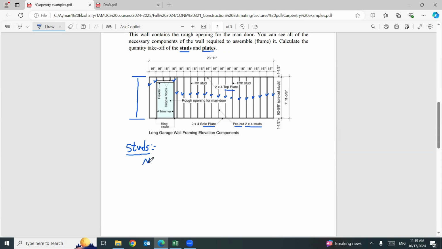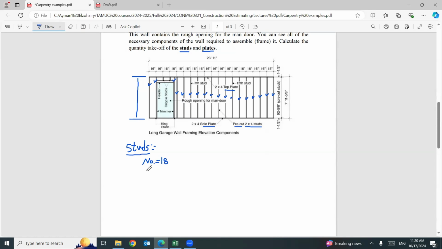So the number of studs looks like 18. We have a little bit here, this part and this part. You can consider them separately, but they are not a big deal. Maybe we can use the waste. After you cut your studs, we can use these pieces to construct these parts. But the total number right now, which is a big deal, is 18.